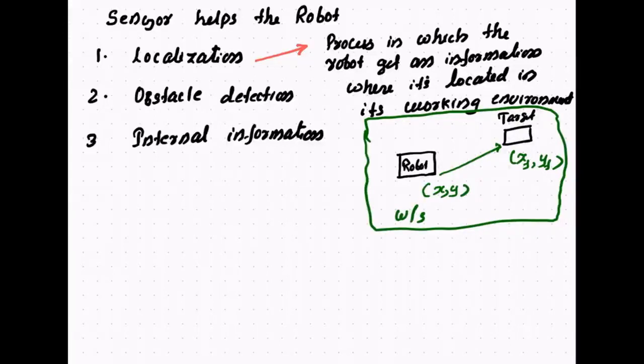Based on that, the robot will generate its coordinates and the path from the current location to the target location.